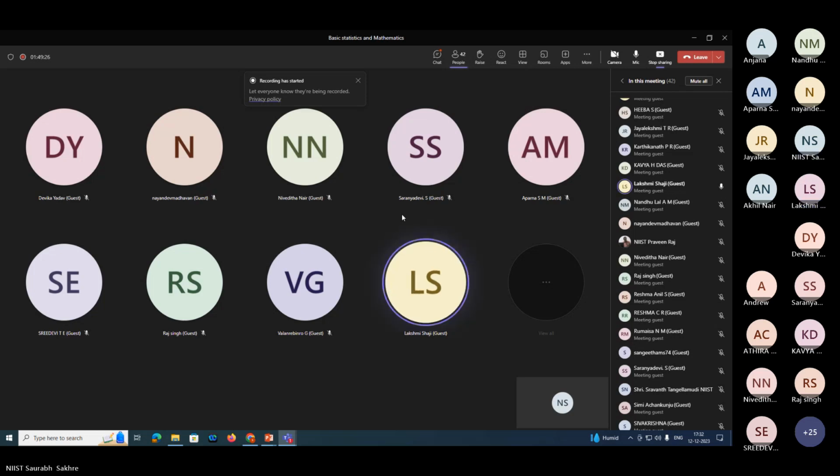So we have different kinds of partitions like quartile, decile, percentile. First of all, speaking about median itself, we know that median is the value which is dividing the data into two parts.